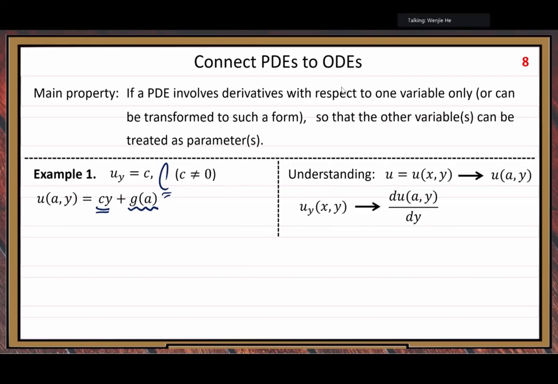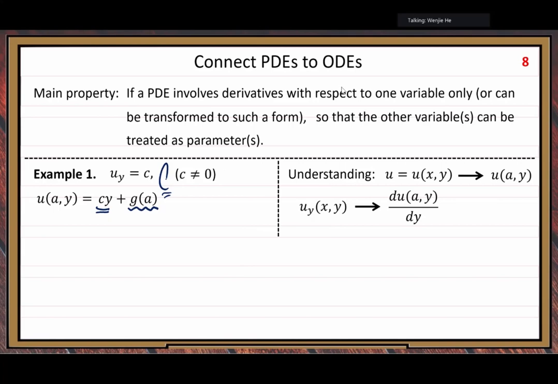So we don't want to use our old way, capital C, too restrictive. Can you treat a capital C as a special case of this g of a? Yes, g of a contains the capital C case. But your g of a is more general than the capital C case, because your g of a function can contain a terms.